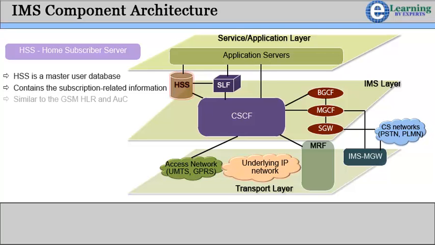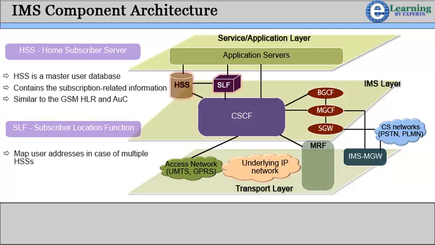It is similar to the GSM Home Location Register, HLR, and Authentication Center, AUC. A subscriber location function, SLF, is needed to map user addresses when multiple HSS are used.